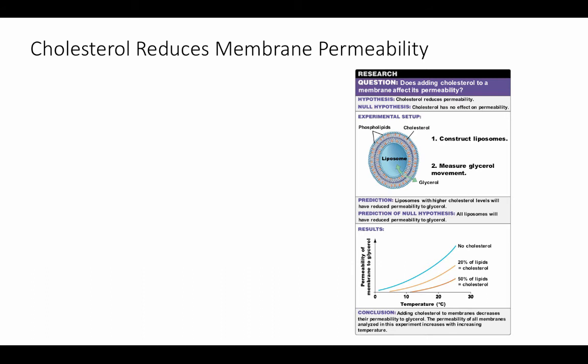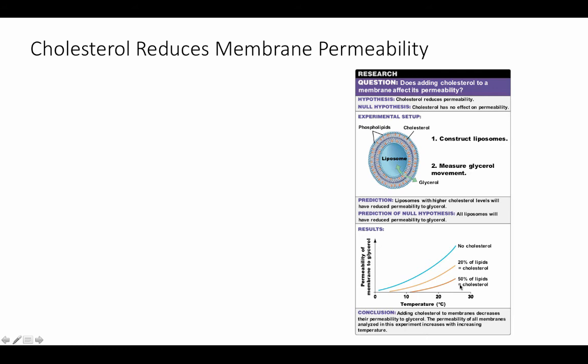So we know this from experiments such as the one diagrammed here with artificial membranes, in this case in the form of these liposomes, that were constructed artificially in the lab to have different amounts of cholesterol embedded in those membranes. So either no cholesterol, a small amount of cholesterol, or a large amount of cholesterol. Some glycerol was added to the solution in which these liposomes were located, and the experimenters could measure how much of that glycerol ended up inside these little liposomes.